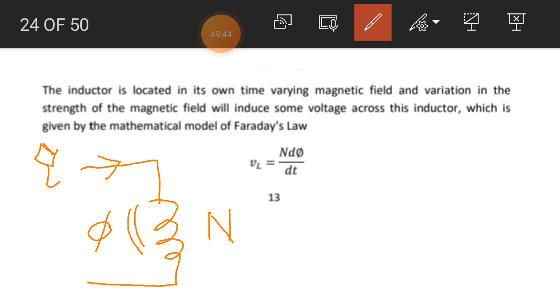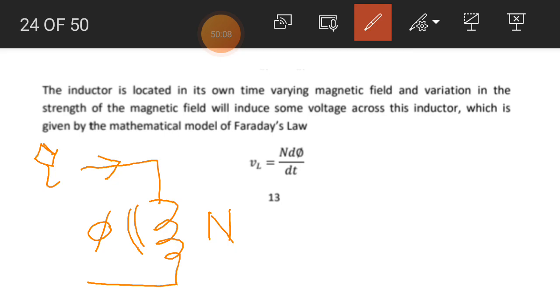We recall Faraday's law. Faraday's law says that whenever we place a coil in a time varying magnetic field, voltage is induced across the coil. This voltage is known as self-induced voltage.